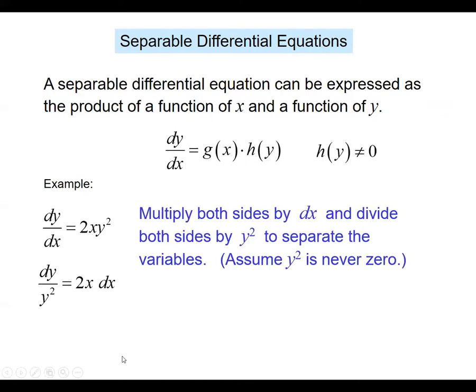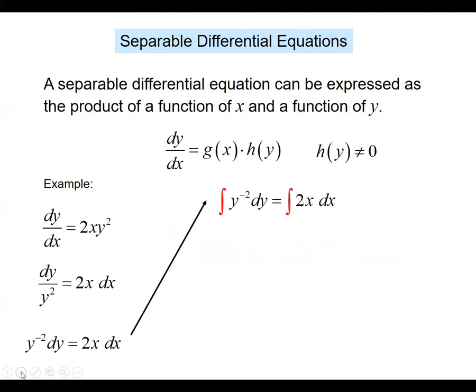Notice I didn't bring the 2 along. Again, the more terms that you bring over to the left in terms of y, the more terms eventually you're going to have to move back over, because eventually we will like to solve these equations for y. So now that I've separated, I can just rewrite this as y to the negative 2 dy equals 2x dx. You should be doing this with me.